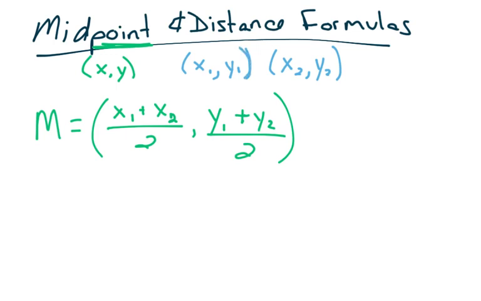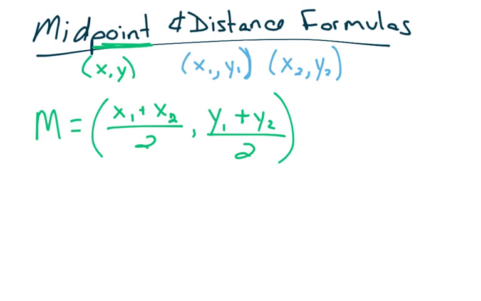Because every point has an x and a y, we're not going to call it a different letter. So we put the little sub numbers. But in the midpoint formula, it really doesn't matter because you're just adding them up. So it doesn't matter which order you do anything, because adding 2 plus 3 and 3 plus 2 give you the same thing. So you just add them up and divide by how many you got, which is 2 of them.